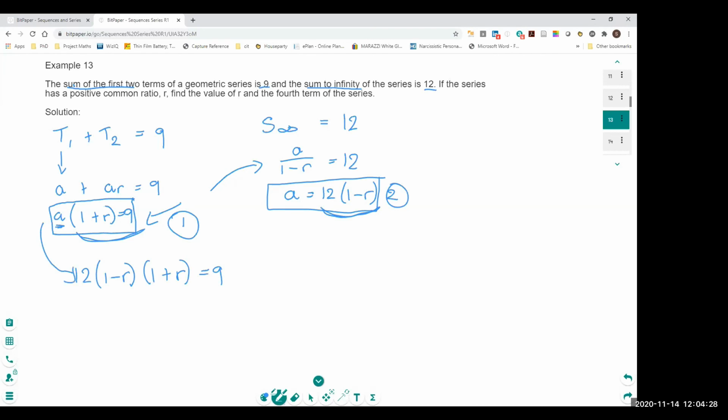So 12 by (1 minus r squared) is equal to 9. 12 minus 12 r squared is equal to 9. So 3 is equal to 12 r squared. So basically r is equal to a half, and r is greater than 0.